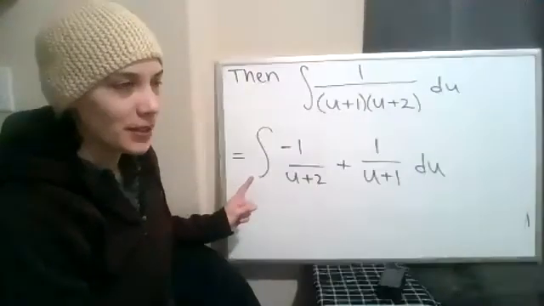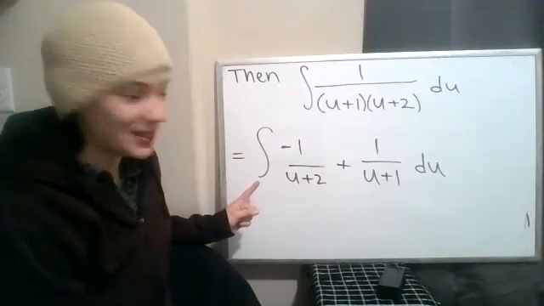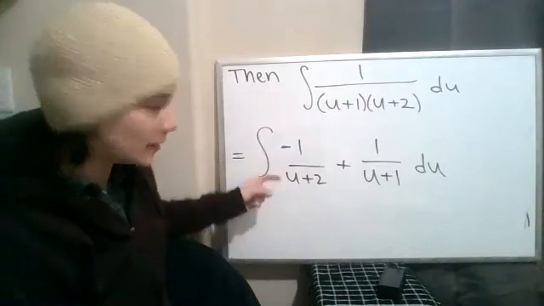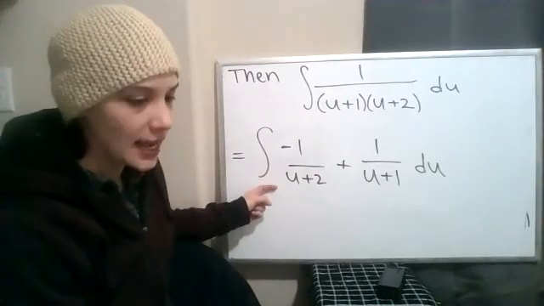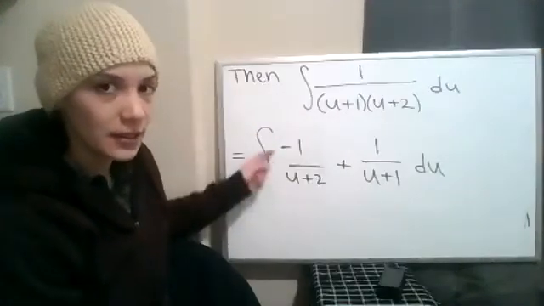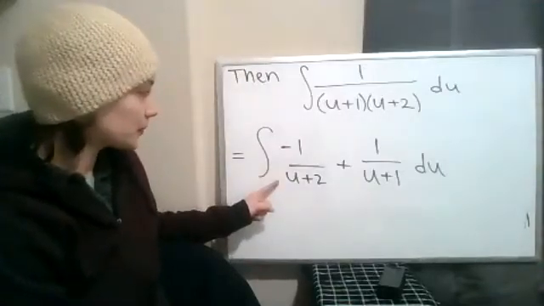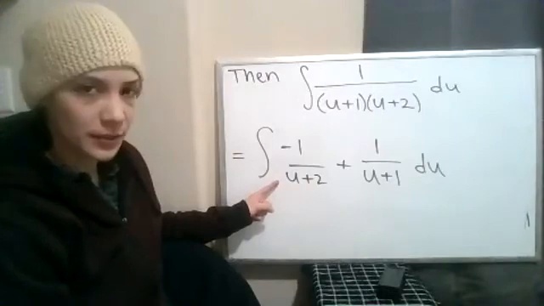All right, we're going to keep on going. I'll check through the video later for mistakes. But here to here is correct. And then integrate. So this is going to be negative ln absolute value of u plus 2.